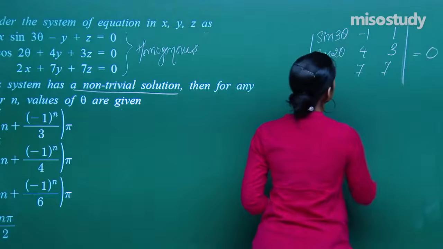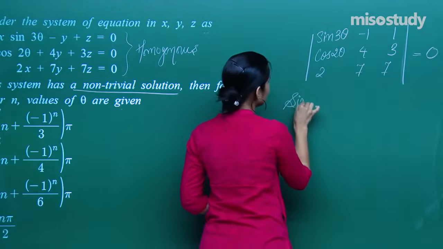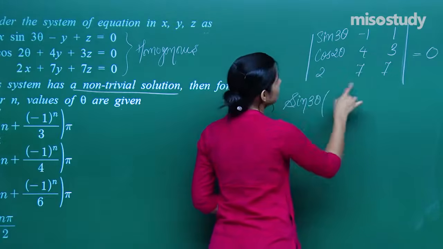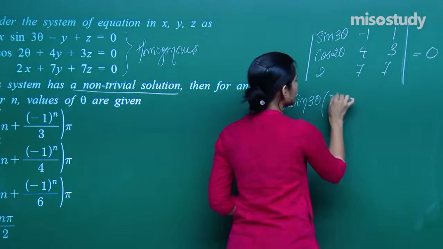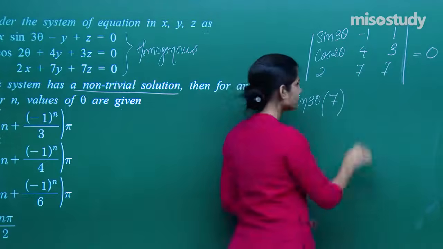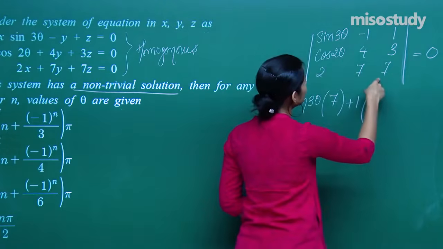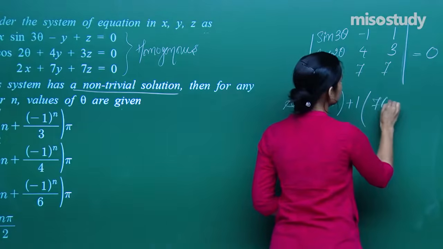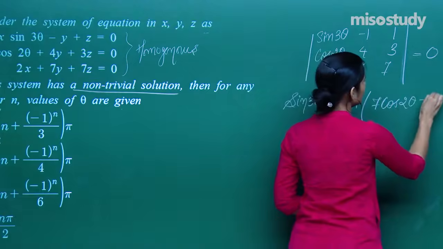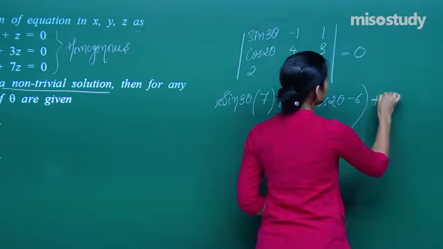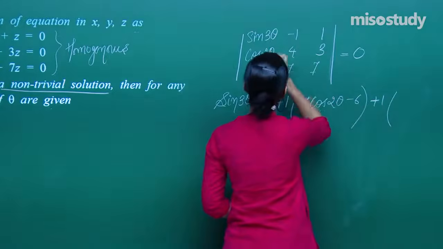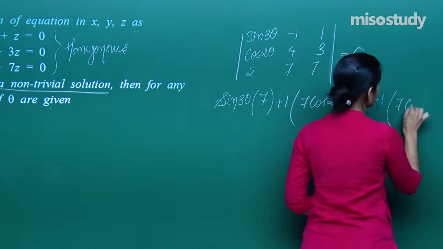This is 0. Expand. Sine 3 theta times (28 minus 21), that brings it to 7; minus of minus 1, that is plus 1, times (7 cos 2 theta minus 6); then plus 1 times (7 cos 2 theta minus 8).